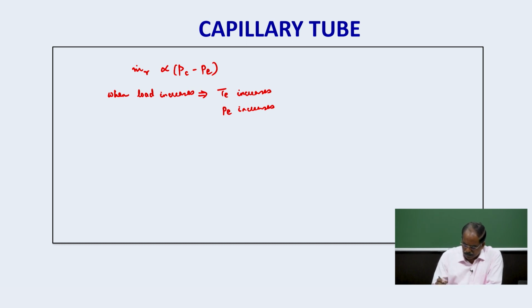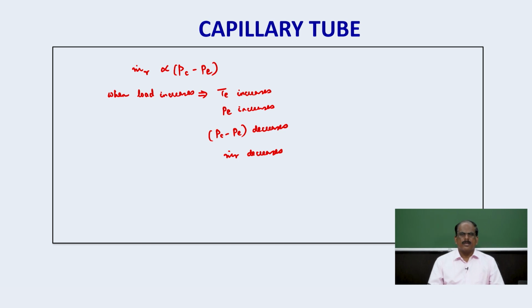And if Pe is increasing, this difference will come down. Delta P decreases. If this term is increasing, the difference will come down. M dot R decreases.